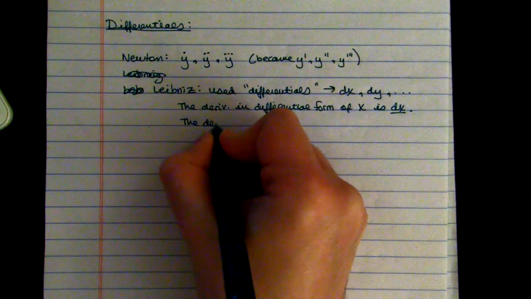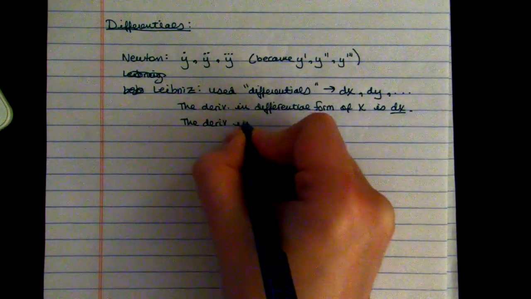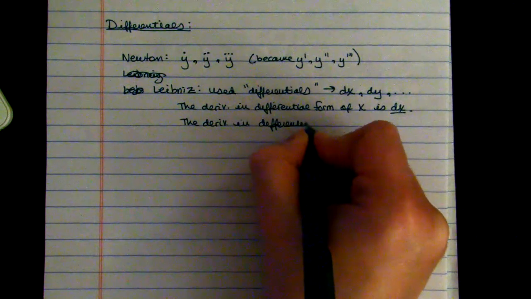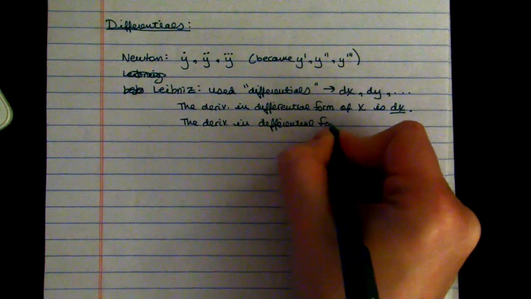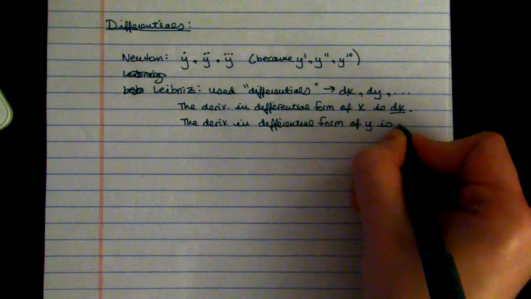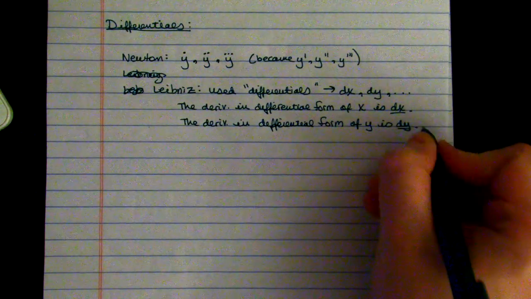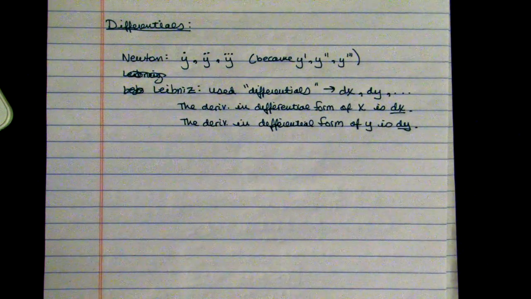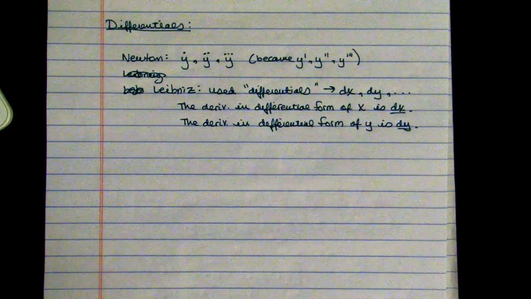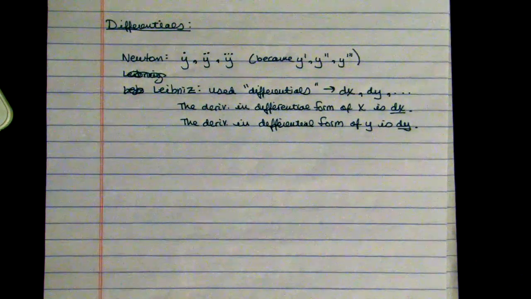In Leibniz's notation again, the derivative in differential form of y is dy. It treats all the variables equally. I'm not going to write this one down, but what's the derivative of z in Leibniz's notation? I hope you just said, and put in Edpuzzle, dz.